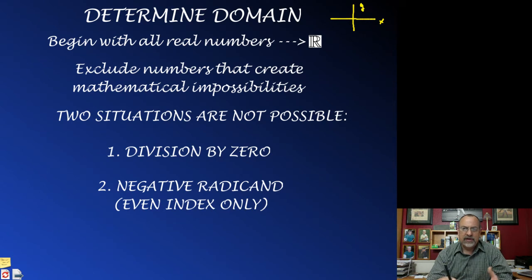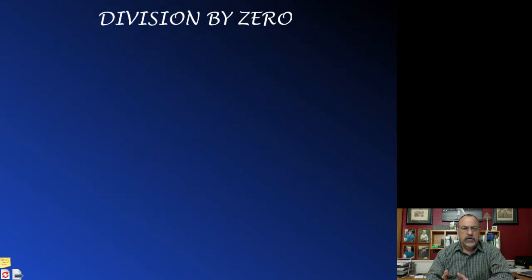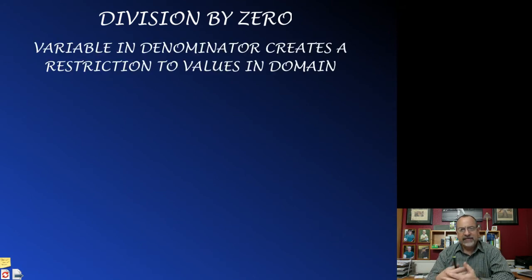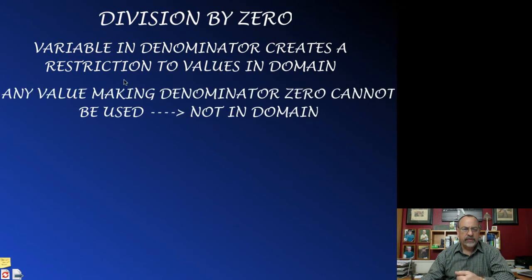Now, hands-on, what does it look like? So, looking at the first restriction, division by 0. If I look at a function, and the function has a variable in the denominator, that variable in the denominator is going to create a restriction to the values that I can use out of the real numbers.